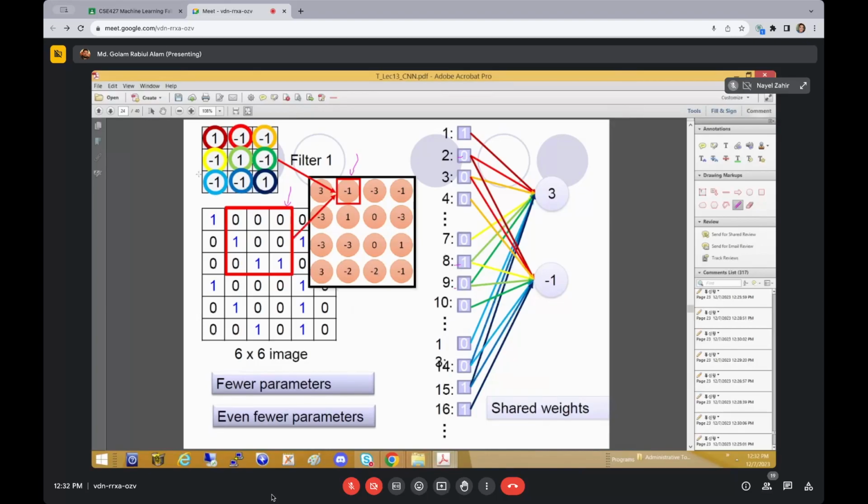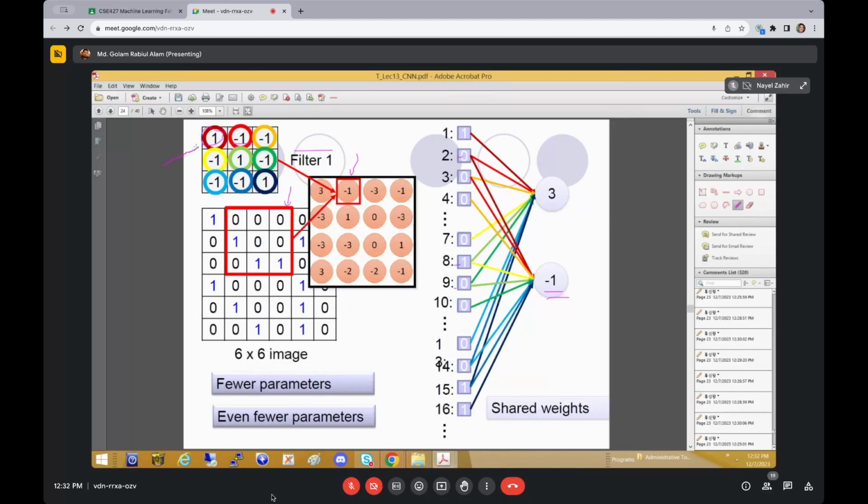But what we can see is that we use the same filter. That means this weight, the filter number 2, we have already used there. So these are the shared connections, shared weights.